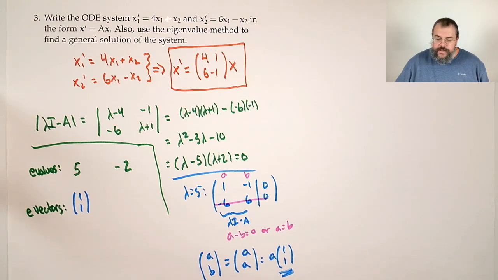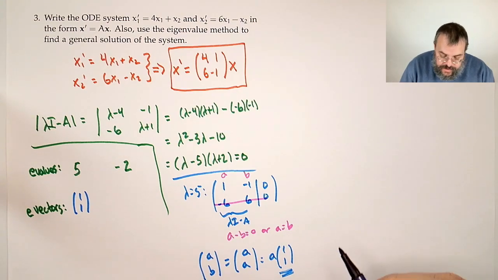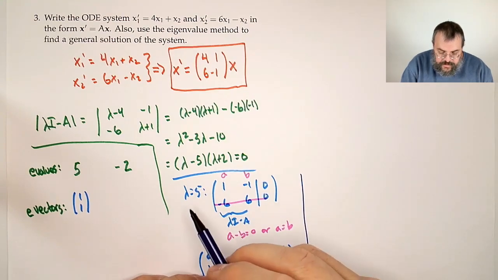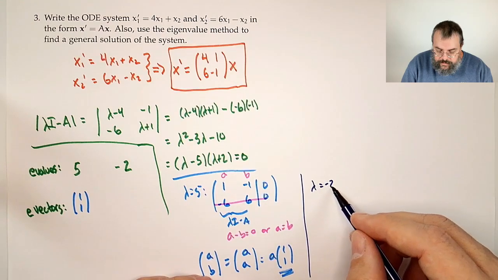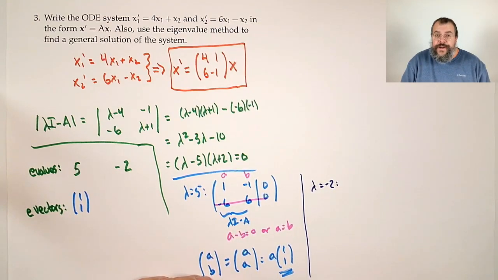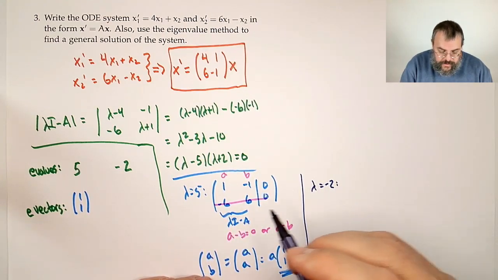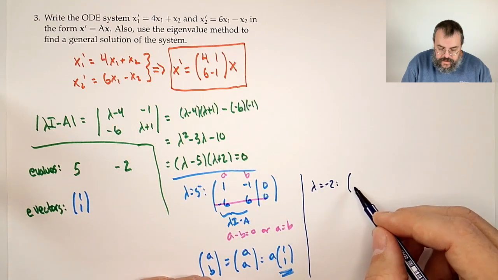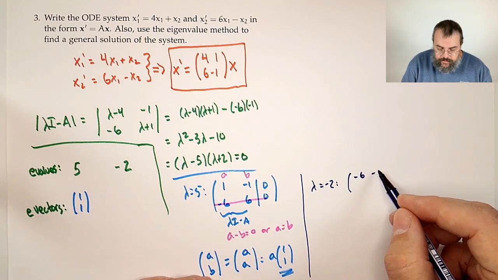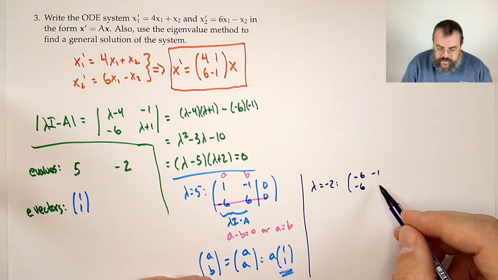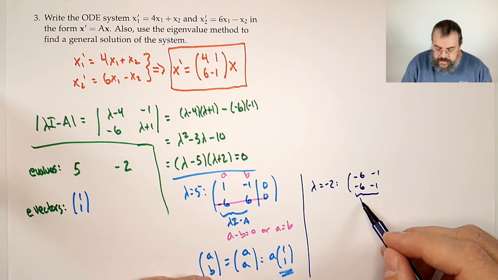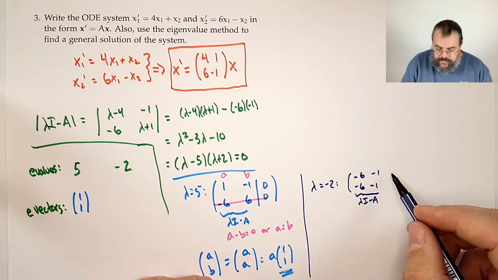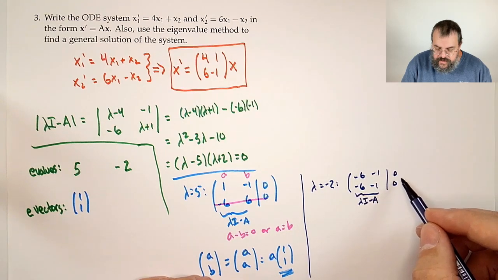Now, what else can we do? Well, the next thing we should do is a similar thing, but for our other eigenvalue, so for lambda equals minus 2. All right, what do we get there? Well, we're going to get minus 6, minus 1, minus 6, and minus 1. So, right, that's our lambda I minus A. And then we have our augmented matrix with 0, 0.